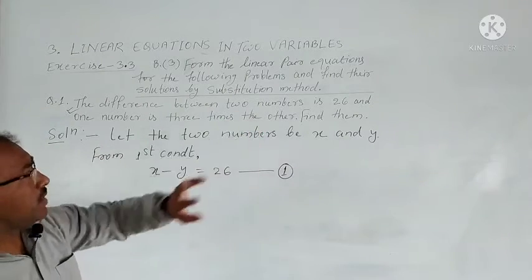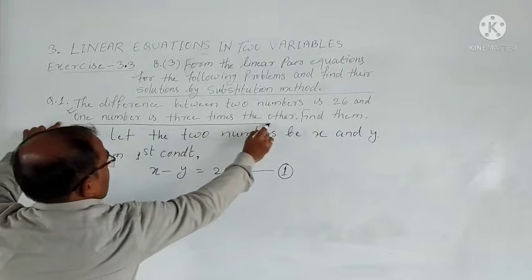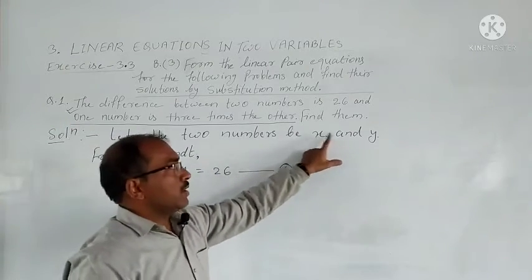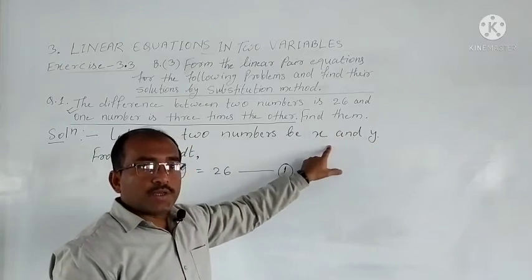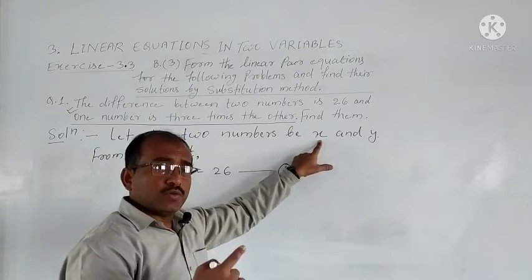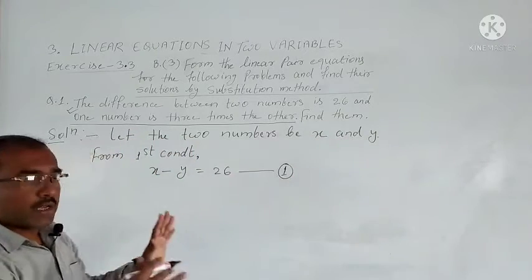The second condition is what? One number is 3 times the other. So one number is x, other number is y. One number is 3 times, that means x is equal to 3 into other number, whatever may be. We have assumed here x and y.